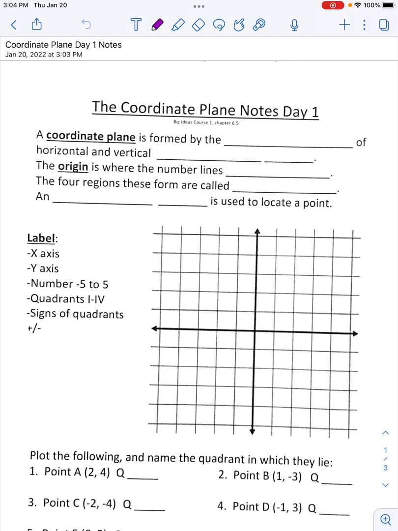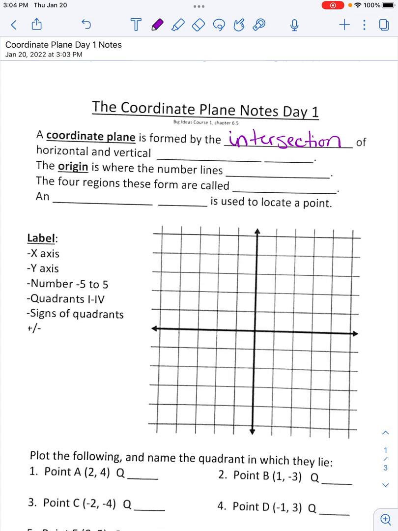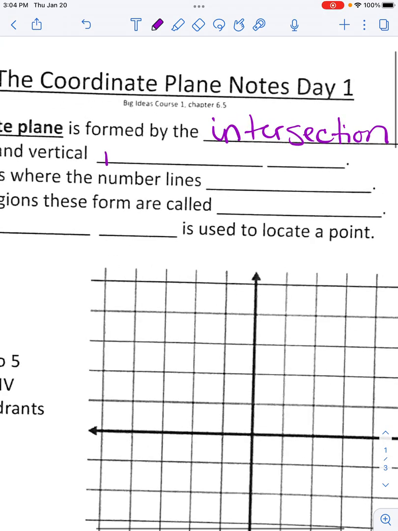A coordinate plane is formed by the intersection. Intersection means we're crossing of the horizontal and vertical number lines.